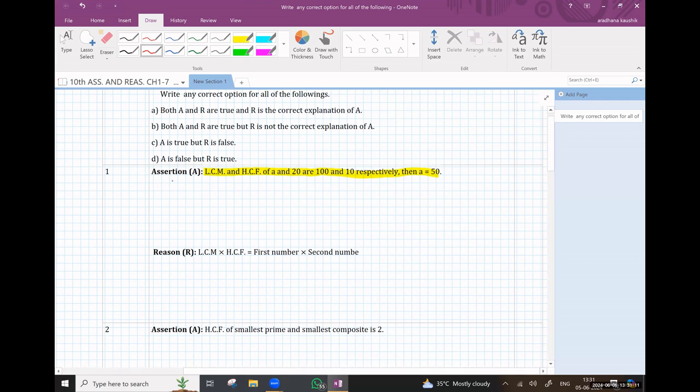LCM of A and 20 is 100, and HCF of A and 20 is 10.